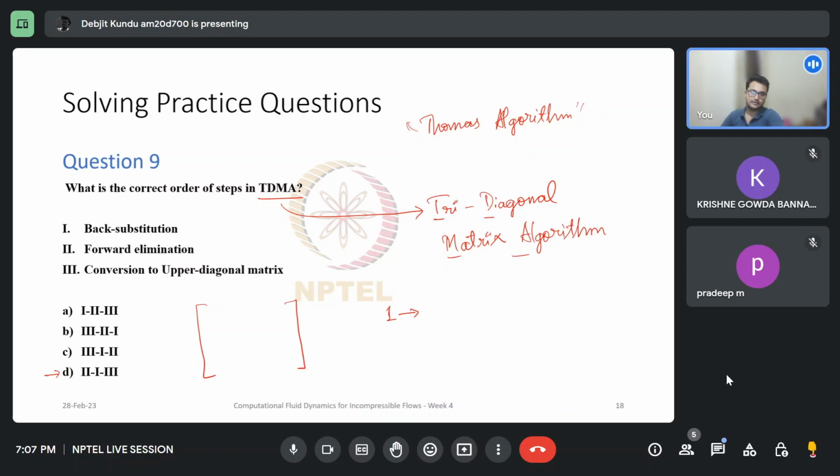What does it look like? It basically has three diagonals. The elements above the diagonal and the elements below the diagonal on the left-hand side are zeros. Not all zeros. So basically there are three diagonals like this and the rest are zeros.